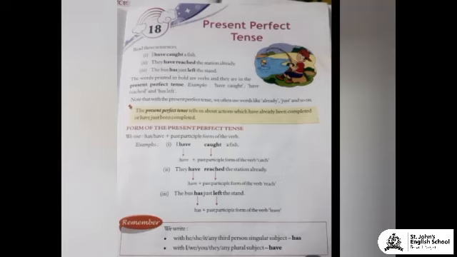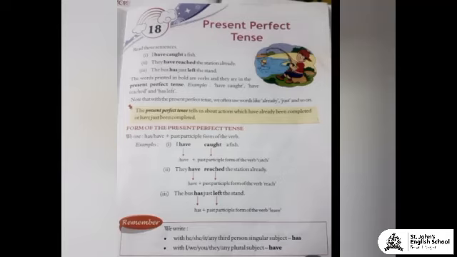You should keep that in your mind. It's very important. Understand, students? Do you want me to explain this again? All these 3 sentences? If you understand this, you can easily understand present perfect tense.